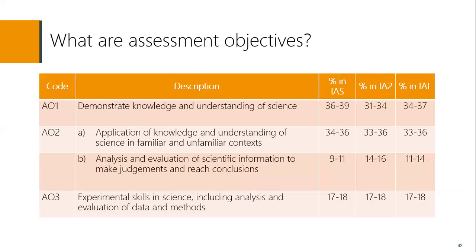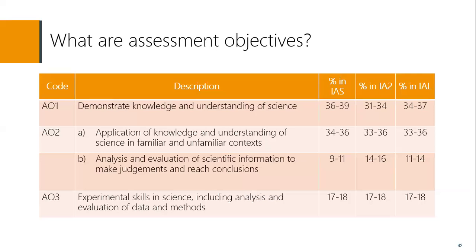AO2 is application of knowledge and understanding of science in familiar and unfamiliar contexts. So if candidates were asked to explain the role of the primary structure of the calcium channel protein in its function as a channel protein, to answer this question, candidates need to think about what calcium ion channels do, where they are found, and link the folding and location of hydrophobic and hydrophilic groups to particular places on the protein.